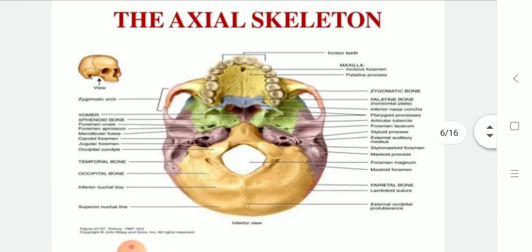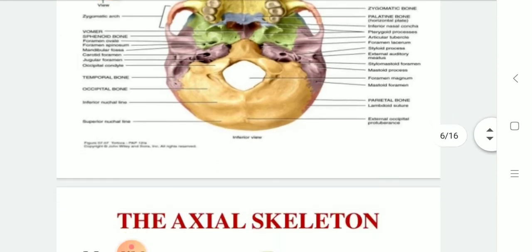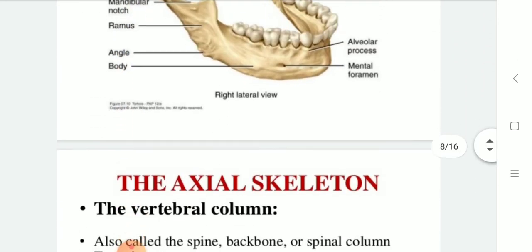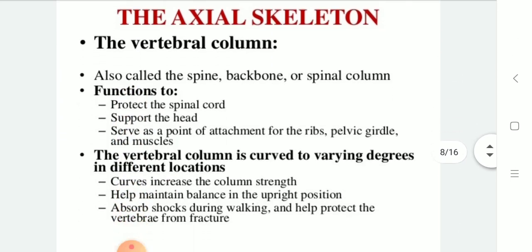This is also an axial skeleton diagram, and this is the mandible. The vertebral column, also called the spine, backbone or spinal column, functions to protect the spinal cord, support the head, and serve as a point of attachment for the ribs, pelvic girdle and muscles.